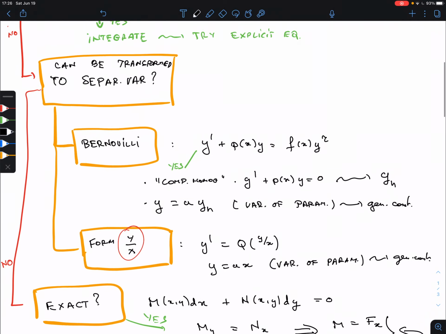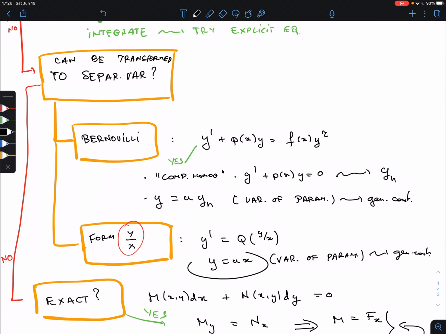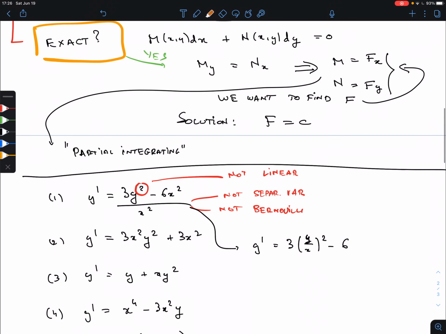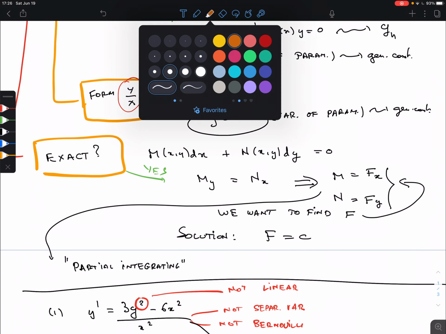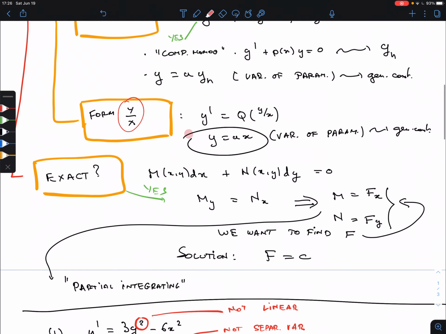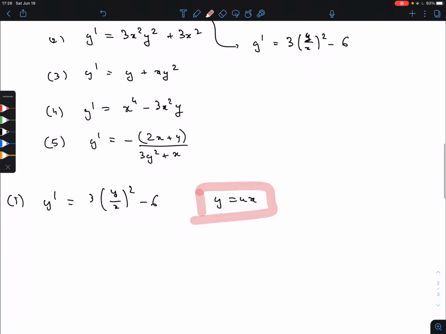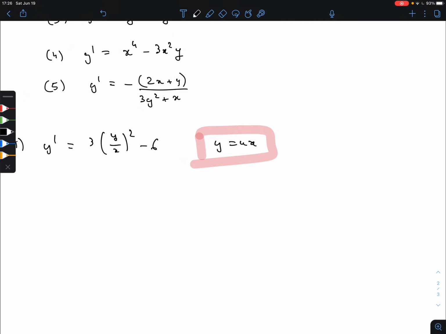And then what we need to do is variation of parameters, y is ux. So perhaps I should box those to remind us what it is that we will do. These are the substitutions we want to do. I'll box it, because we have to go back to this. Never forget that you have to go back to the y. So what is it that we do?